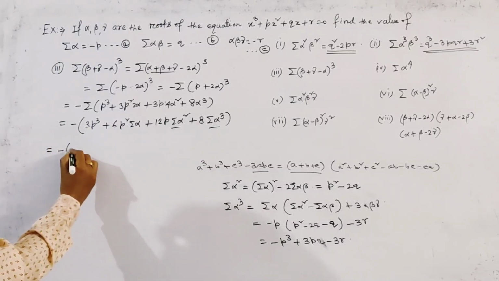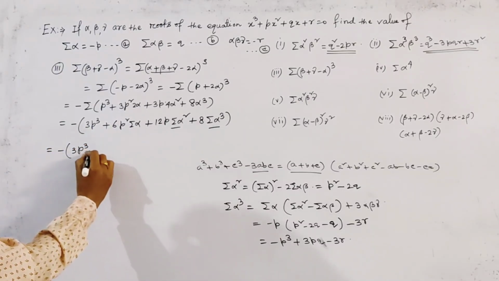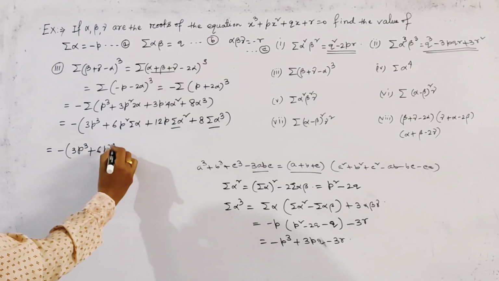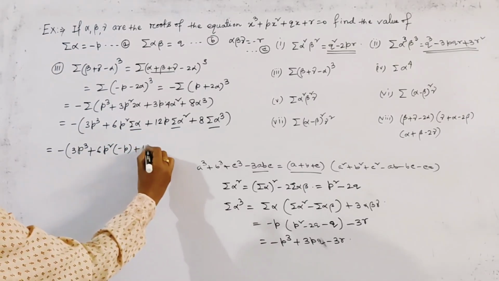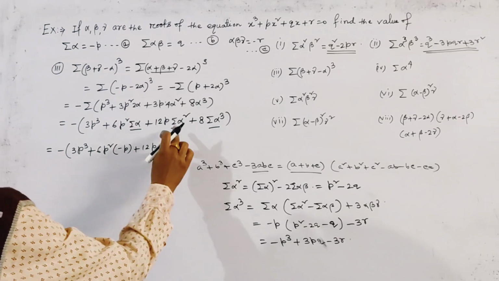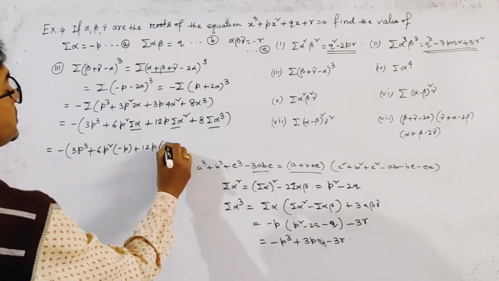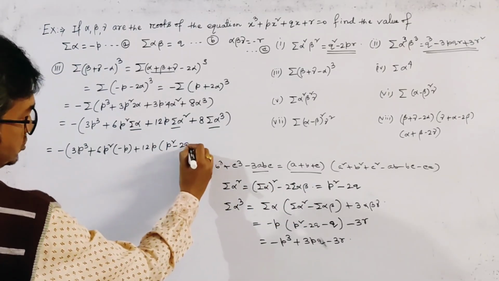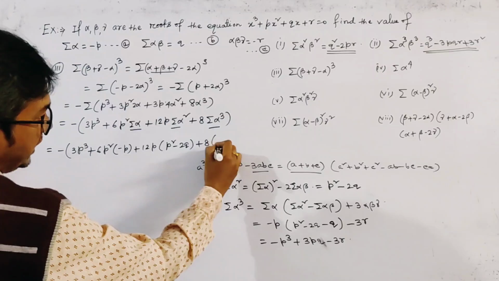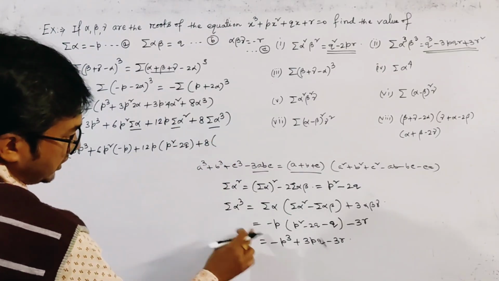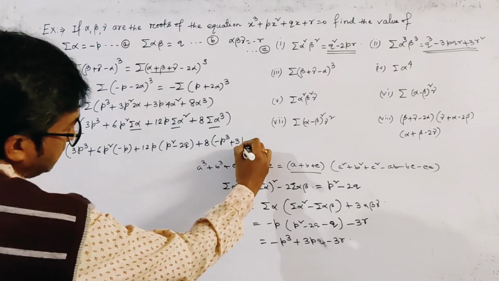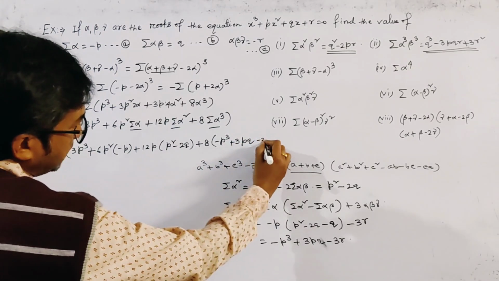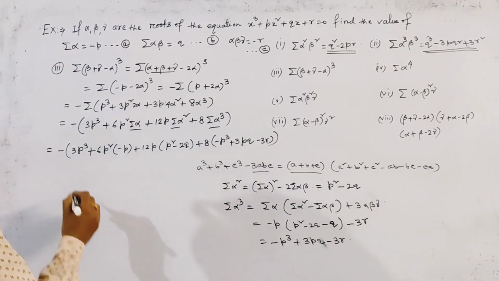We get minus 3pq plus 6p square into summation alpha, meaning minus p, plus 12p into summation alpha square, so this is p square minus 2q, plus 8 into summation alpha cube. So we get minus pq plus 3pq minus 3r, right?